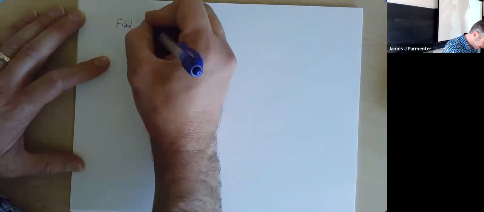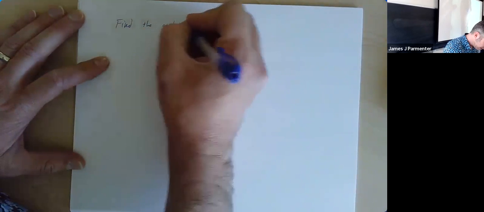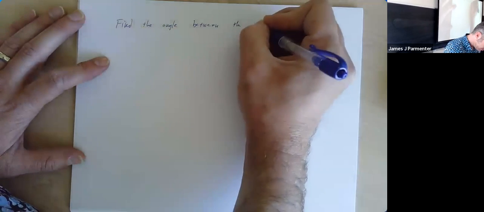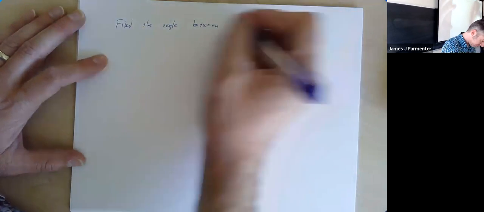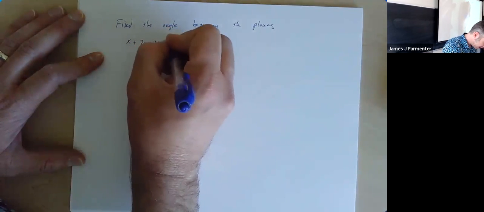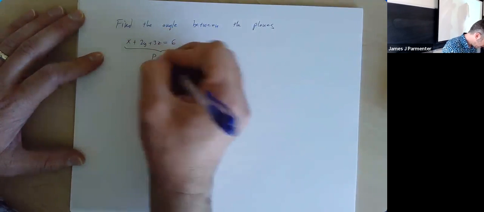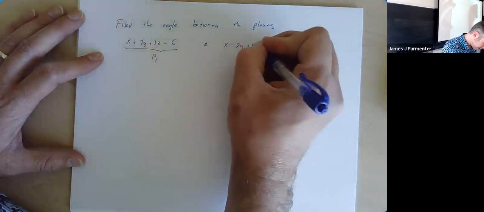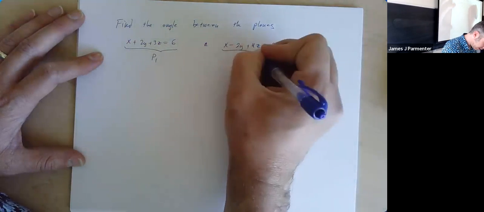We want to find the angle between two planes. The planes are x plus 2y plus 3z equal to 6, which we'll call plane 1, and x minus 2y plus 4z equal to 8, which we'll call plane 2.